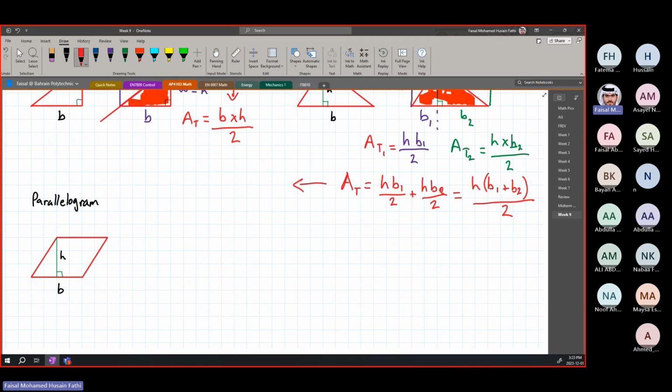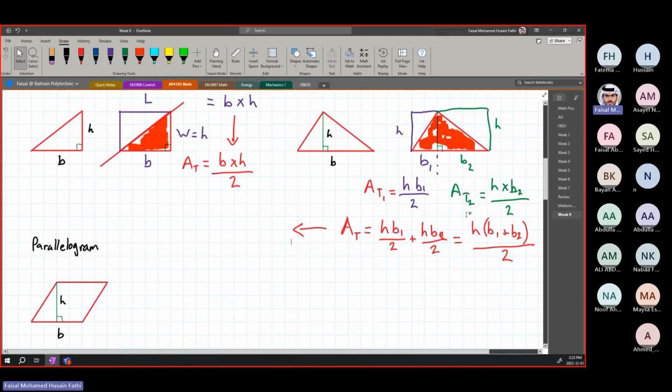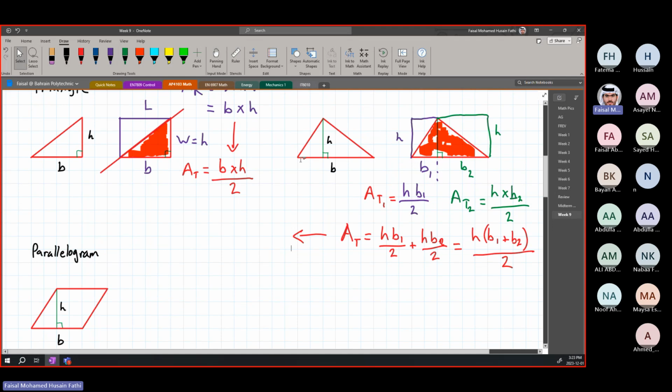If we simplify this, we know that b1 and b2 together make b. This b1 over here plus the b2 over here is equal to the total base. The total base, this b, is equal to b1 plus b2.